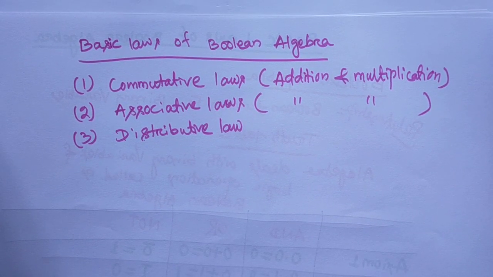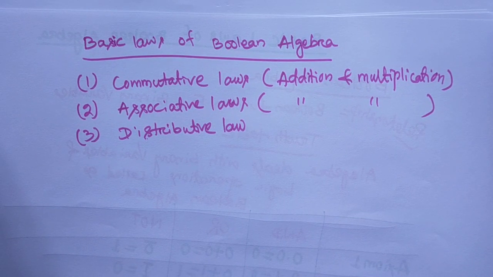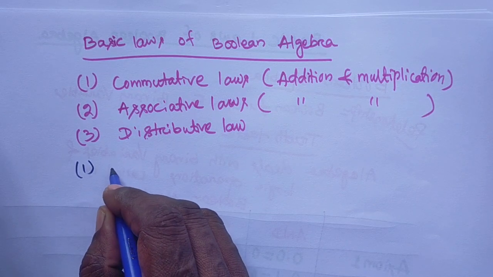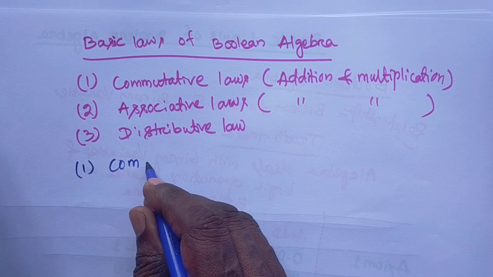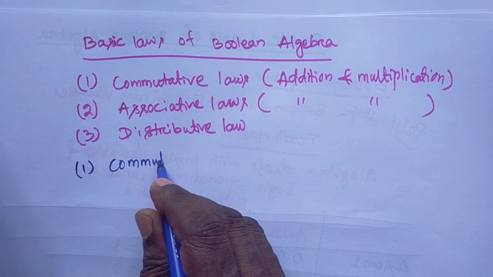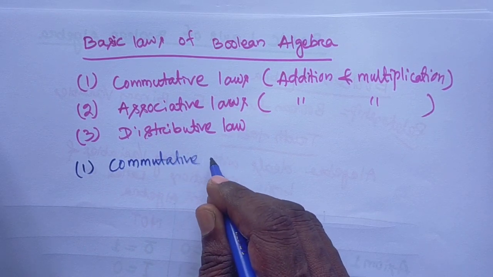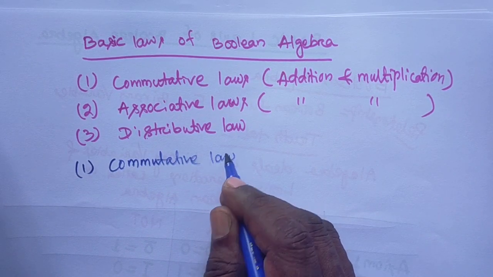Now we start how each individual law is defined and designed for Boolean algebra. First we see the commutative laws.